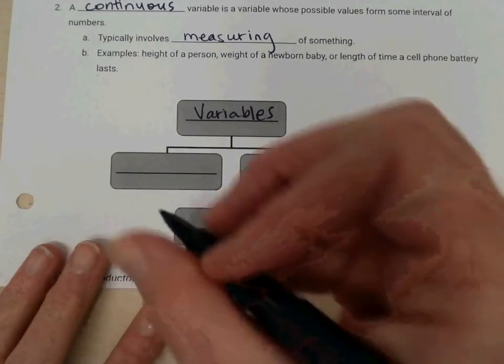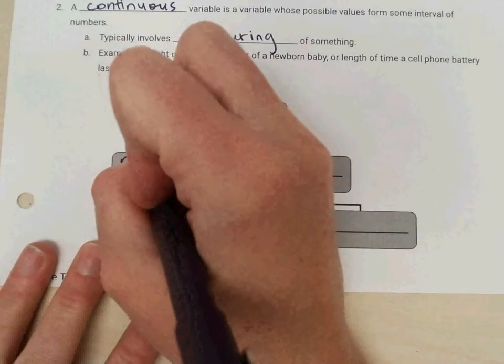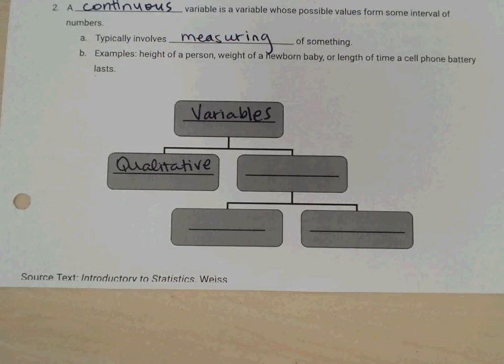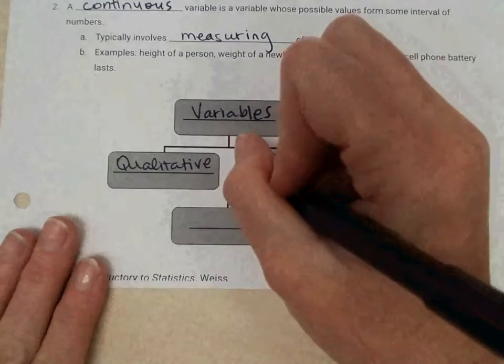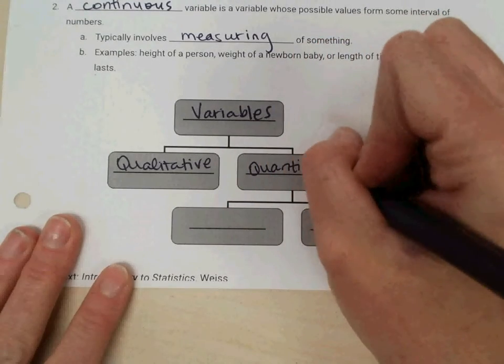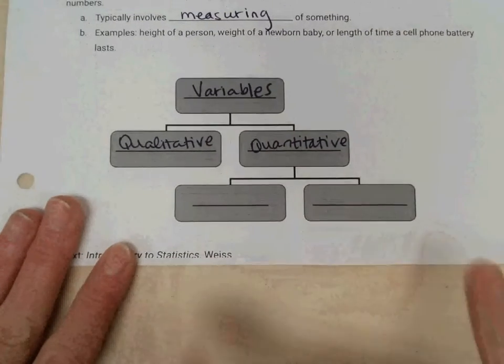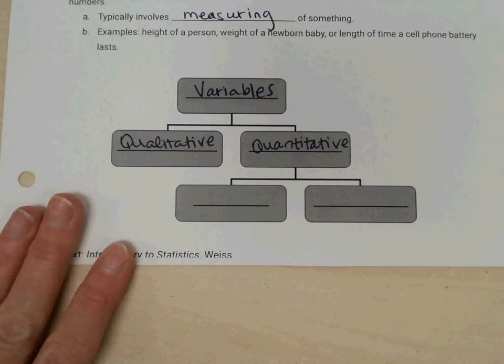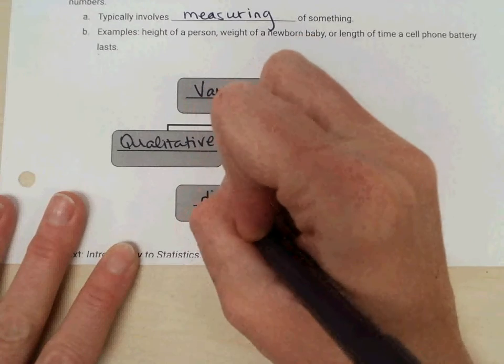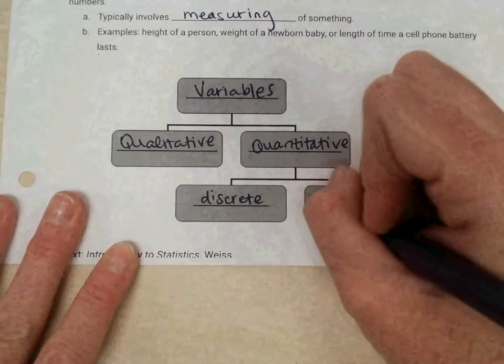That's right. If it's qualitative, it's just qualitative. If it's quantitative, you have that breakdown into subcategories. It can be either discrete or continuous.